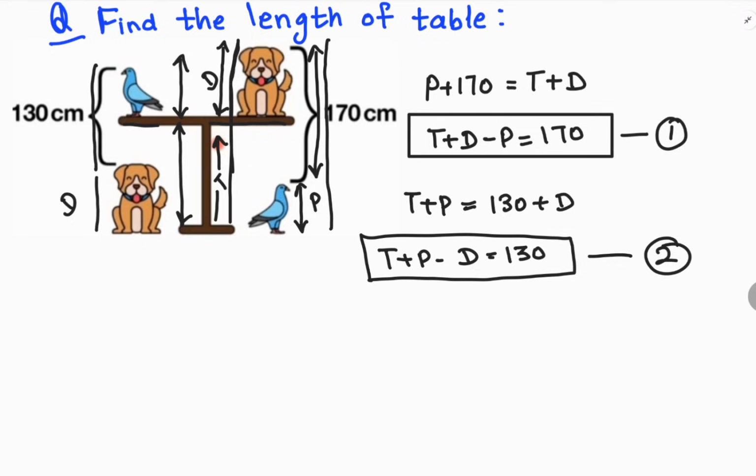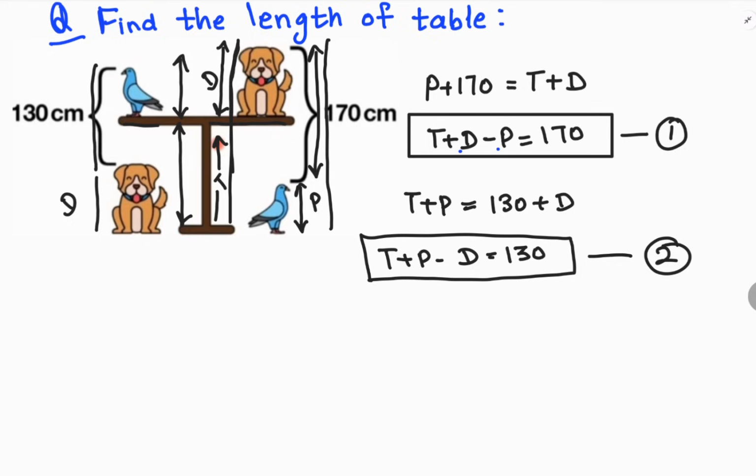Now I have two equations and I need to find the value of t only. If we carefully look at these two equations, d is positive in one and negative in the other, and p is negative in one and positive in the other.